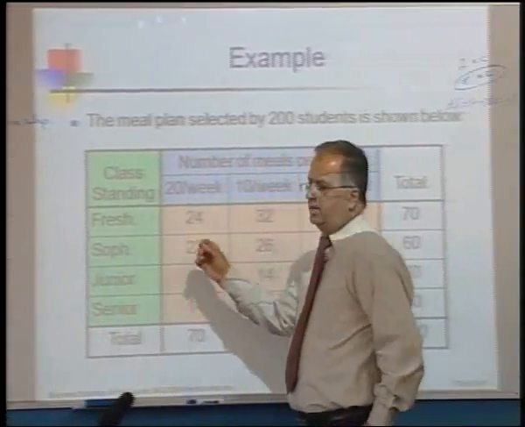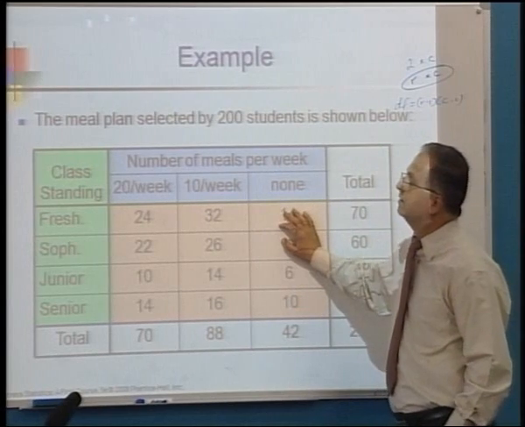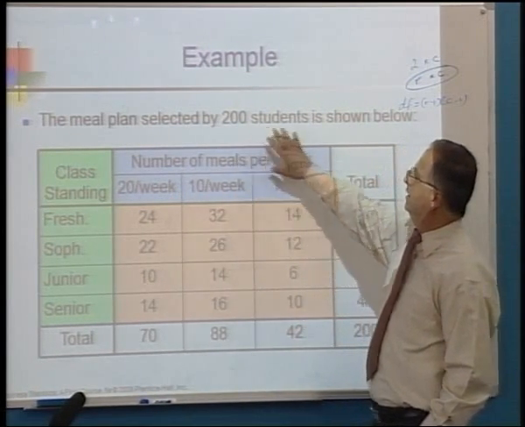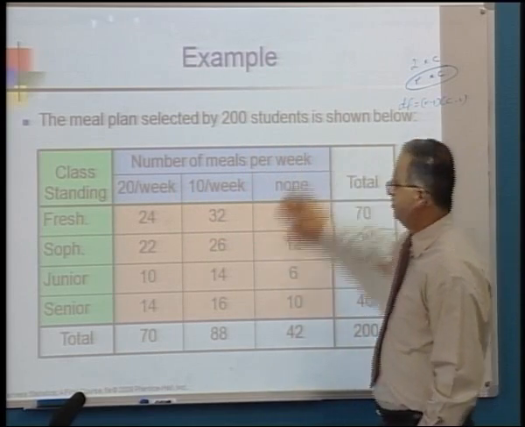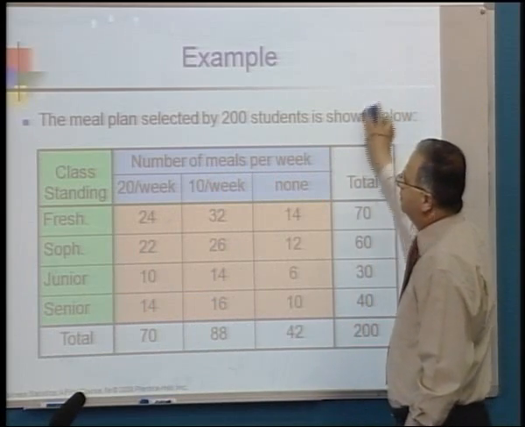Here is an example for applying the chi-square test of independence. The meal plan selected by 200 students is shown in this table. There are two variables of interest.